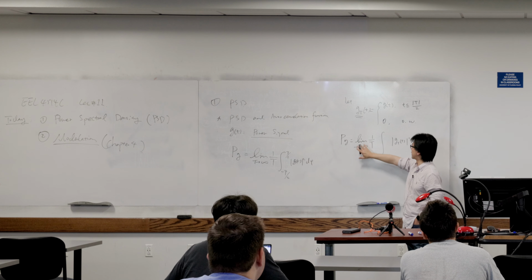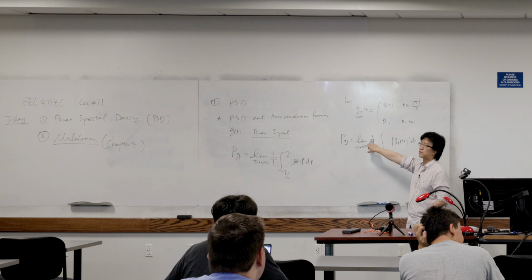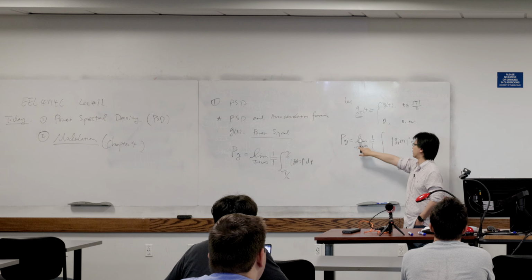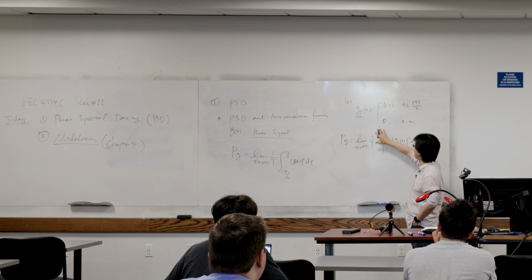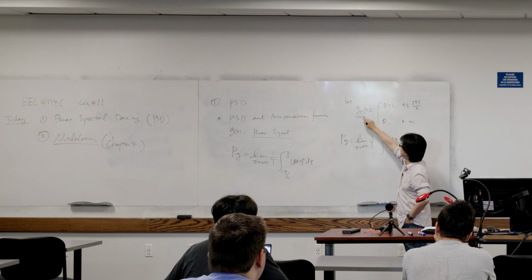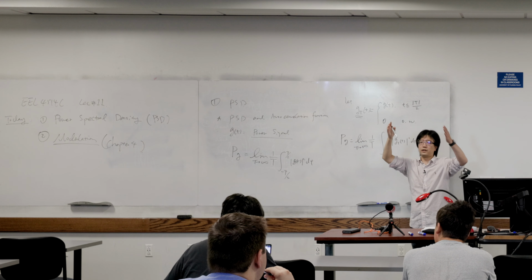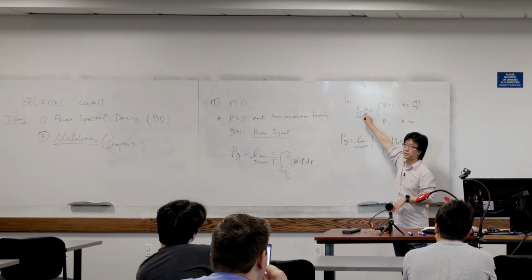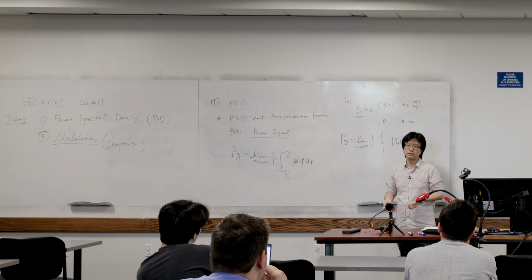Basically, in the limit, T is a constant. T is now infinity. We compute this, and then we let it go to infinity. For this, we cut it at T. Therefore, this function becomes an energy signal.